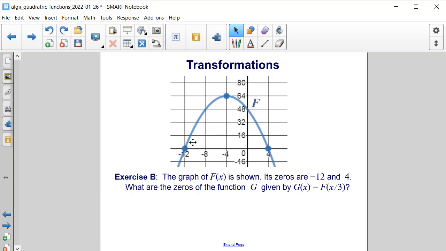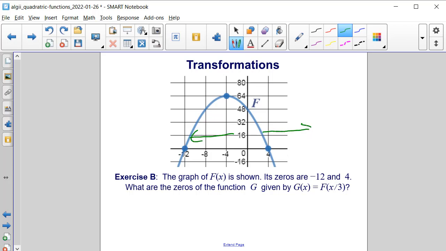So it is going to pull our function further and further away from the y-axis. So it's going to make our zeros come from -12 out to some larger negative number, and it's going to pull +4 out to be a bigger number.